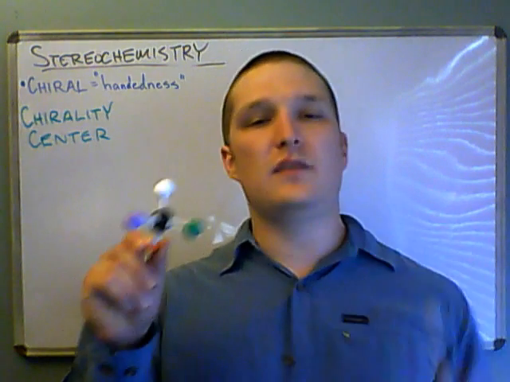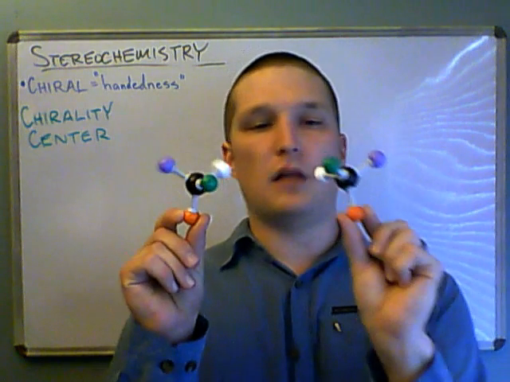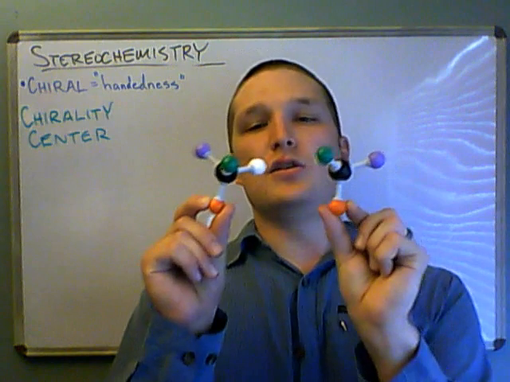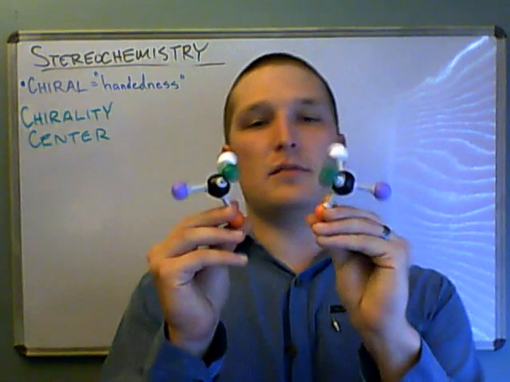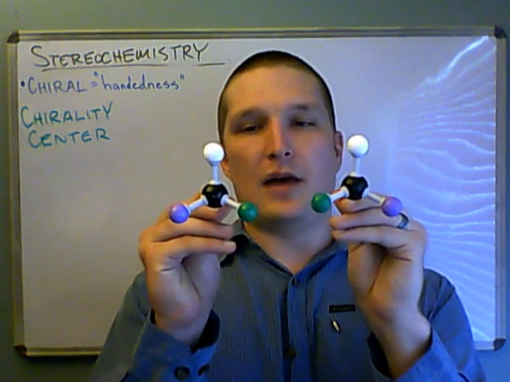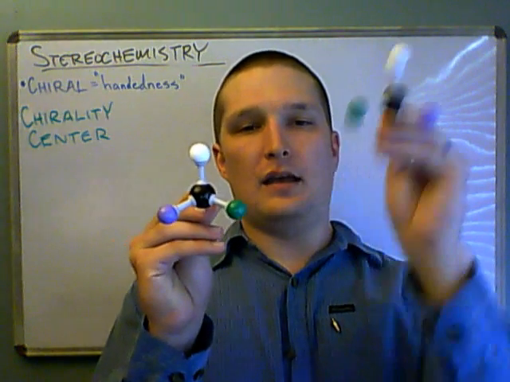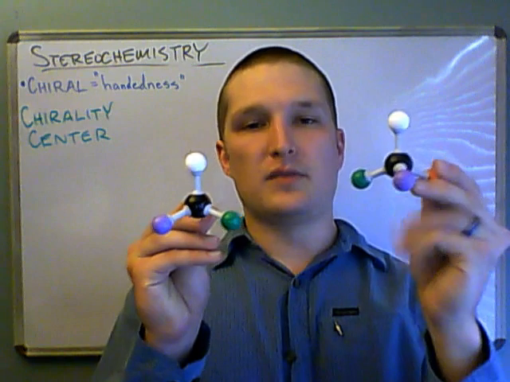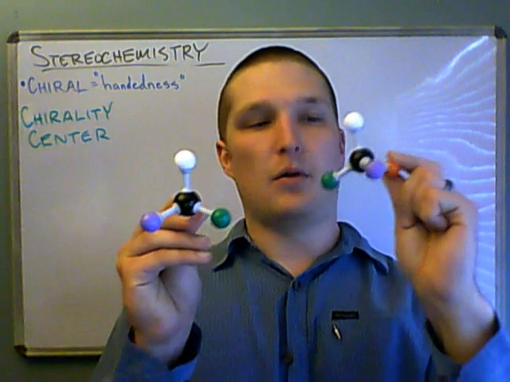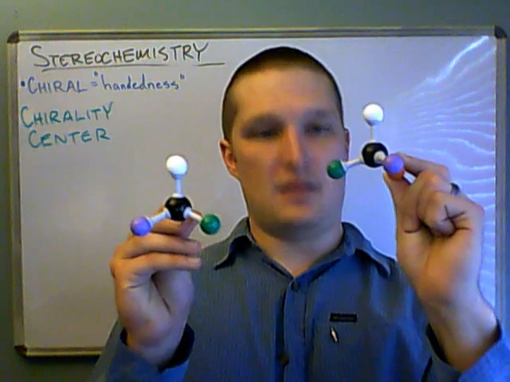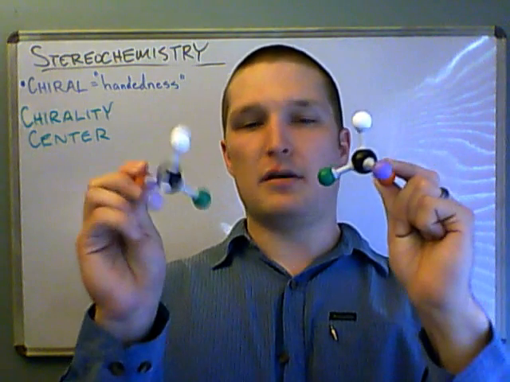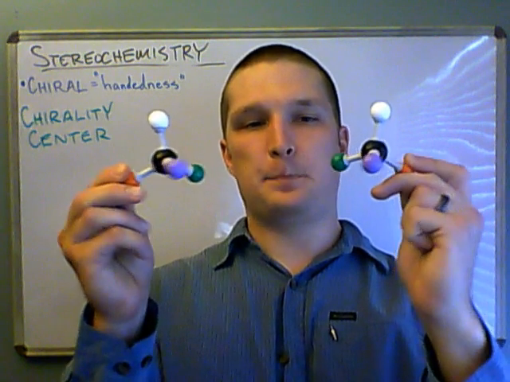So in the last video, we used these two molecules to show that these are enantiomers, right? They're mirror images of each other. I have the white one facing up, and in this one, the purple's facing out towards you. I'm holding the orange one here, and then we have this green one, and this is the mirror image of that, right?